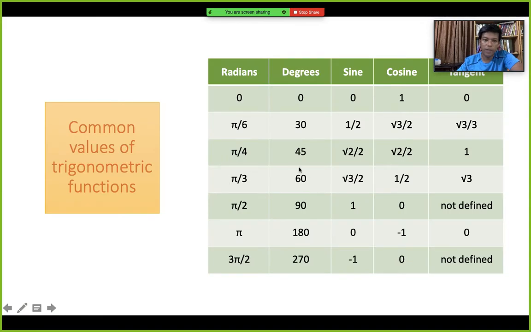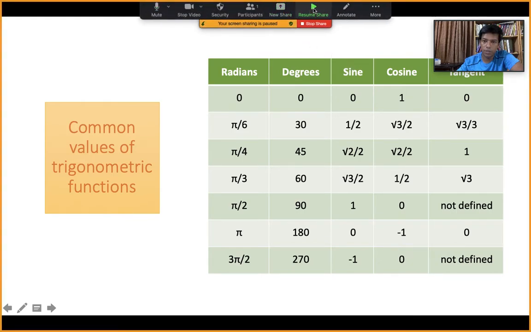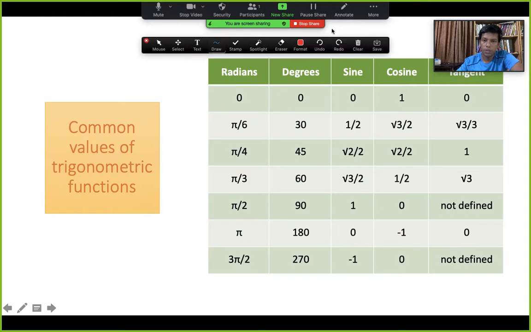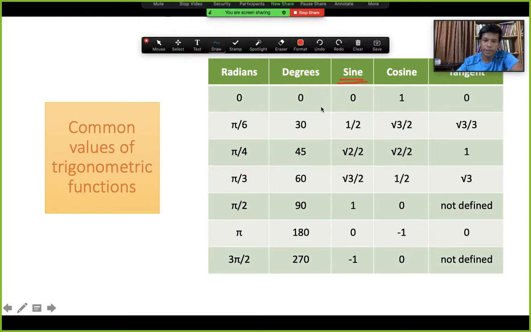These are the common values of trigonometric functions. Let me draw this figure. Sine 0 degrees is 0, sine 30 degrees is half, sine 45 degrees is root 2 by 2.